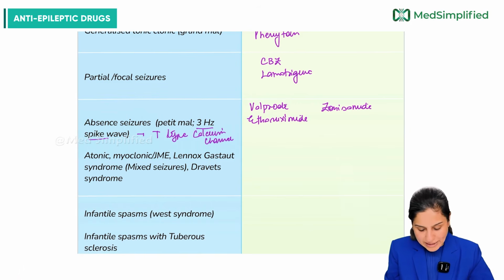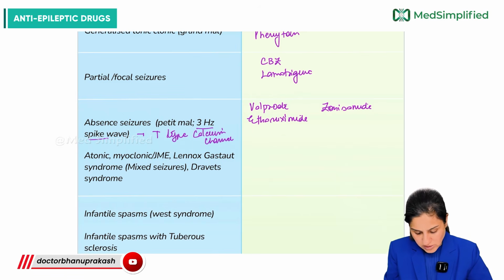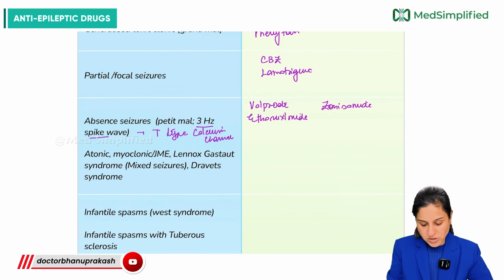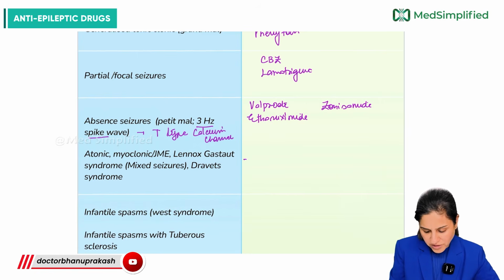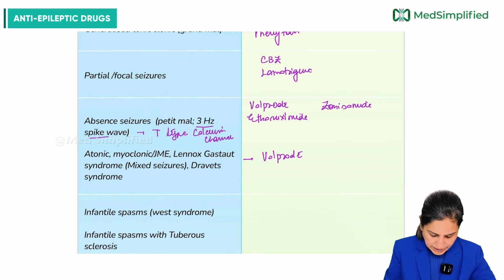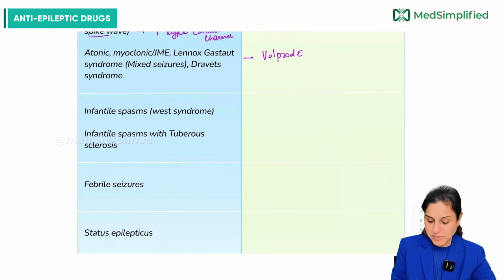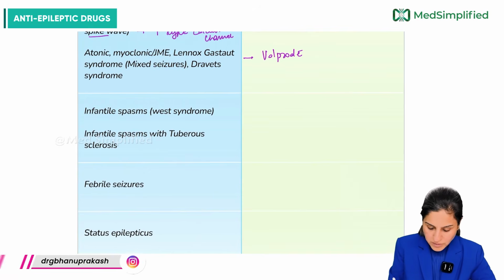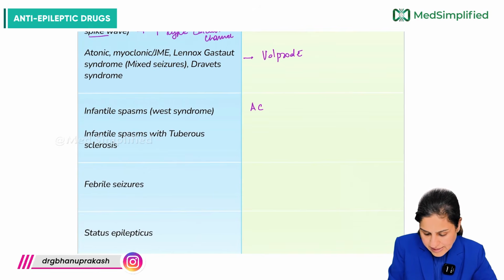Atonic seizures, myoclonic seizures, juvenile myoclonic epilepsy, Lennox-Gastaut syndrome, Dravet syndrome: everywhere the drug of choice is valproate. That's important here.